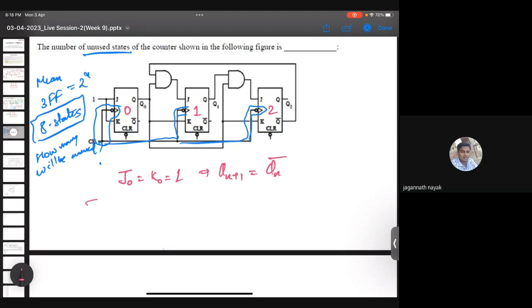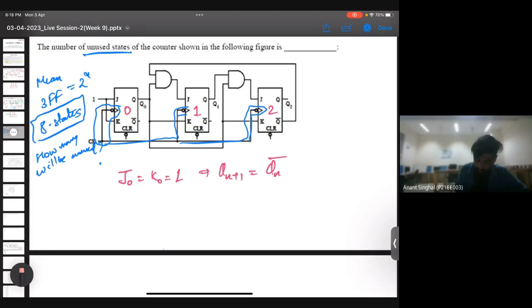Yes, sir. Again, for the next flip-flop, are J1 and K1 both equal? No. J1 is given by this, as you can see. It is an AND combination of Q0 and Q2 bar, whereas K1 is nothing but Q0 only.